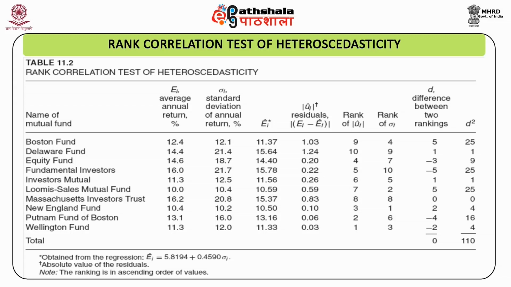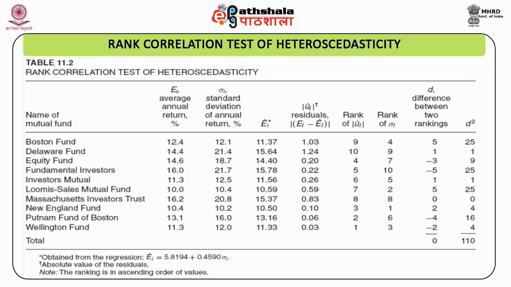By using the above given data, we try to estimate Ei is equal to beta 1 plus beta 2 sigma i and obtain residuals. Since the data relates to 10 different mutual funds of different sizes and investment goals, the chances of heteroscedasticity are higher.